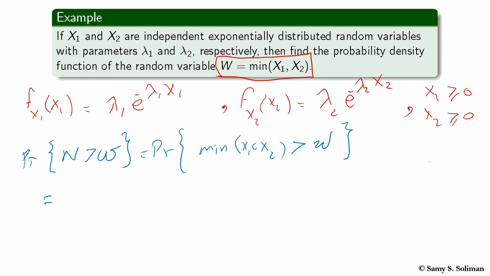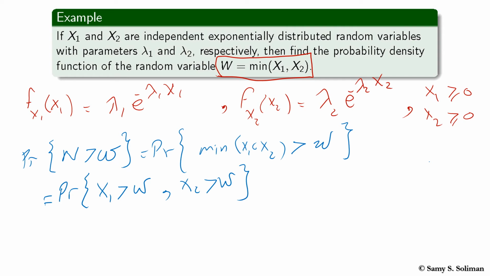So this cannot happen unless both x1 is larger than small w and x2 is larger than small w. This is the only condition such that the minimum of the two is larger than w.